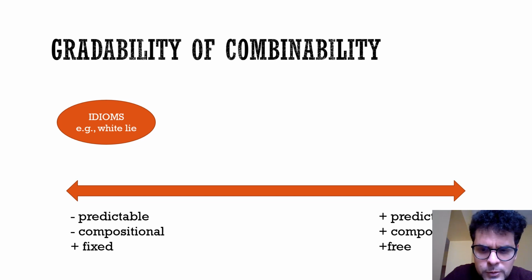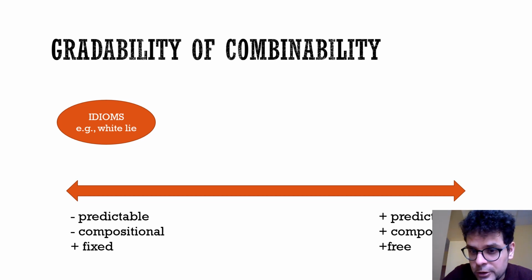I mean, we say to kick the bucket, but we can't say to kick something else, or we can't say to jump on a bucket. We can't really modify them, right? There are only some degrees of modification, like we can change the inflection, we can make the plural, the future or past tense, but we can't really change the morphological form of the idiom.